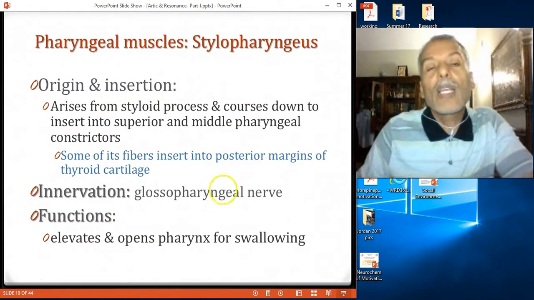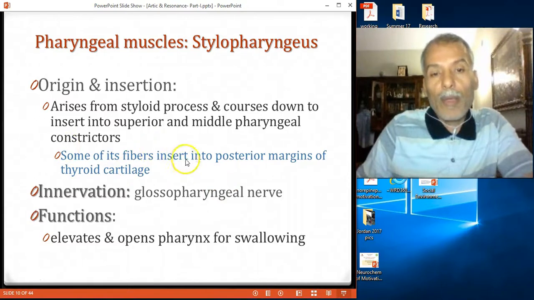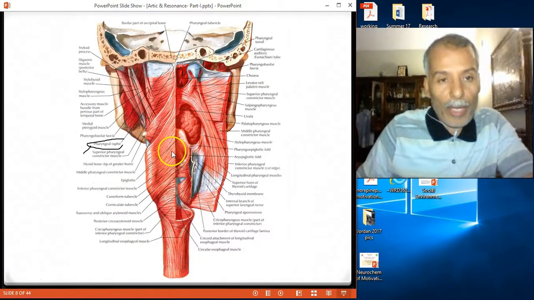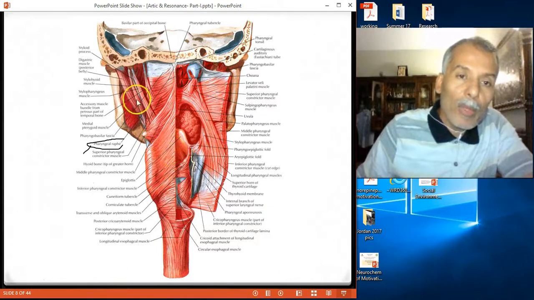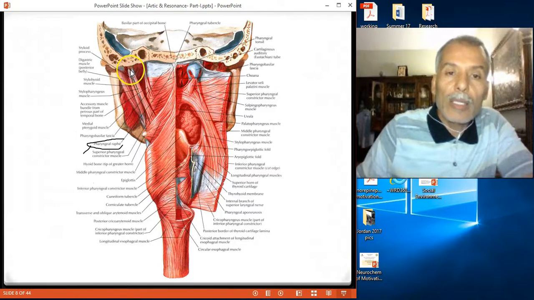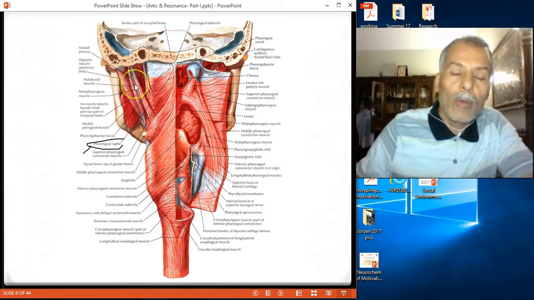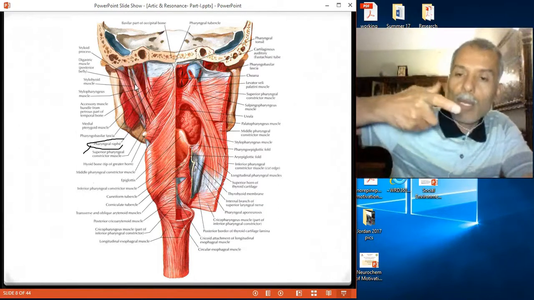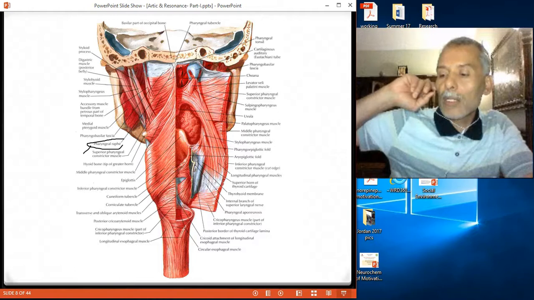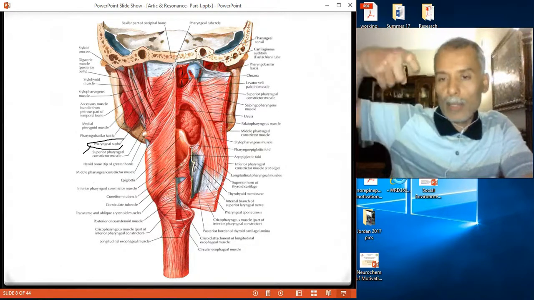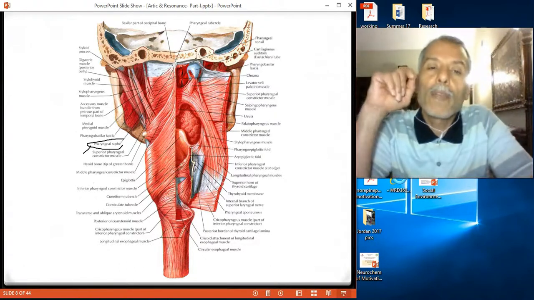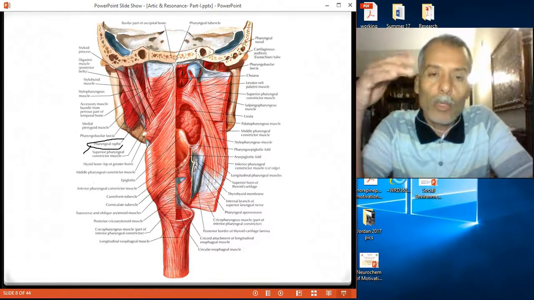Then we have the stylopharyngeus. That's another muscle. You could see here the styloid process, and the styloid process has three muscles coming down from it. There's the styloglossus going to the base of the tongue, and there is the stylohyoid that we study as part of the suprahyoid muscles.